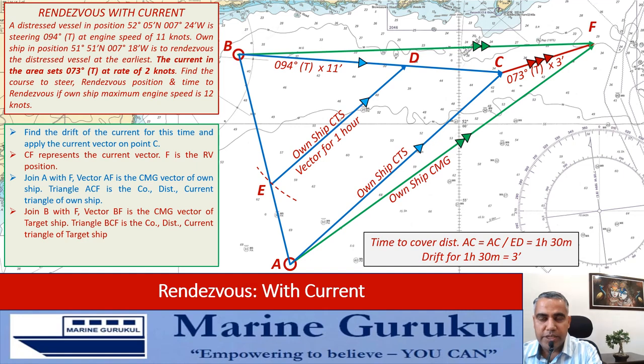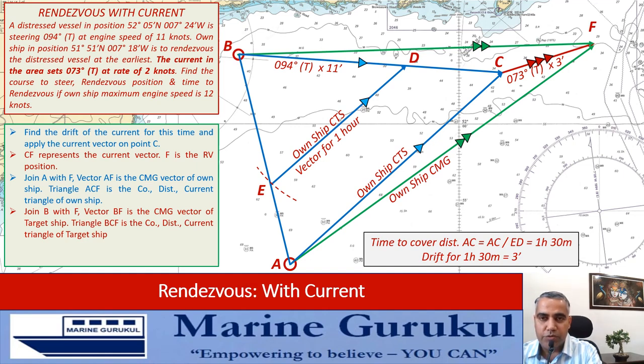Vector Bravo Charlie is the CTS vector for 1 hour 30 minutes. Vector Charlie Foxtrot is the current vector for 1 hour and 30 minutes. And the resultant of these two, that is Bravo Foxtrot, is the course made good vector of the target ship, again for the same duration of 1 hour and 30 minutes.